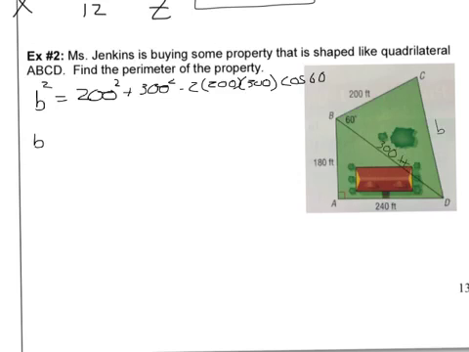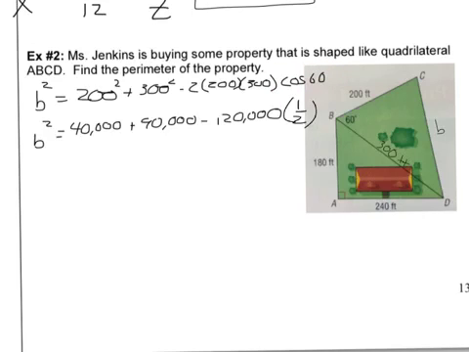Okay, well, that's 40,000 plus 90,000, and 200 times 300 times 2 is 120,000. And cosine 60, if you remember, is just 1/2. So 1/2 of 120,000 is 60,000.